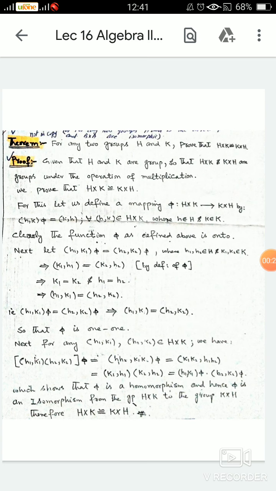Proof: given that H and K are groups, so H cross K and K cross H are groups under the operation of multiplication.